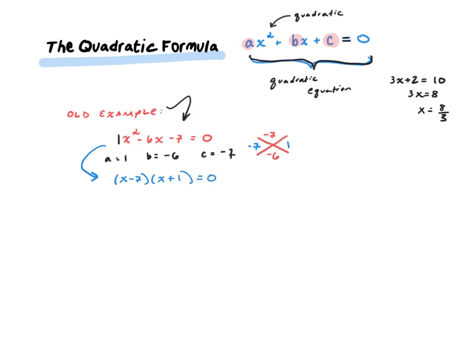So from here, to figure out what x could be, we took each factor separately and set it equal to 0. Whatever makes x minus 7 equal 0, whatever makes x plus 1 equal 0, those are going to be my answers. 7 and -1.